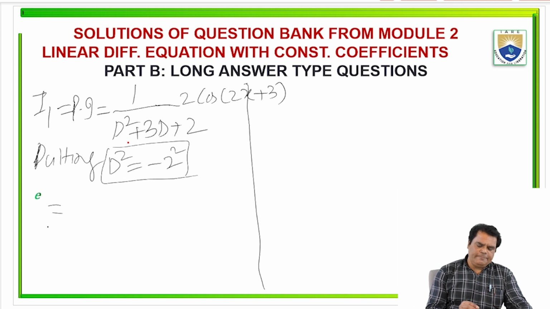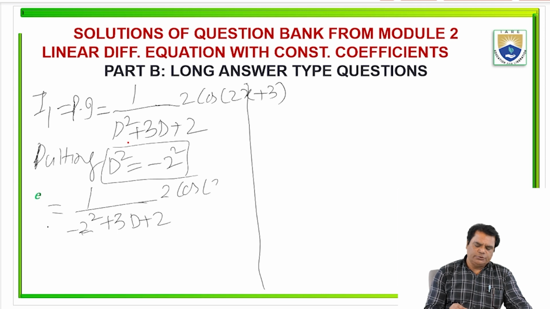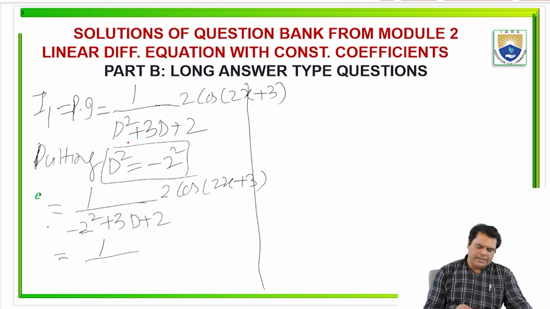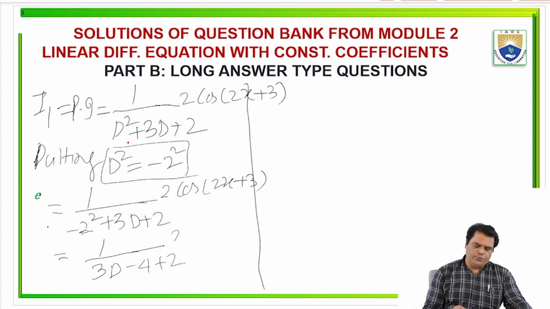Then we get 1 upon minus 2 square plus 3D plus 2, into 2 cos 2x plus 3. Okay. Now this is 1 upon 3D minus 4 plus 2, minus 4 and plus 2, into 2 cos 2x plus 3.